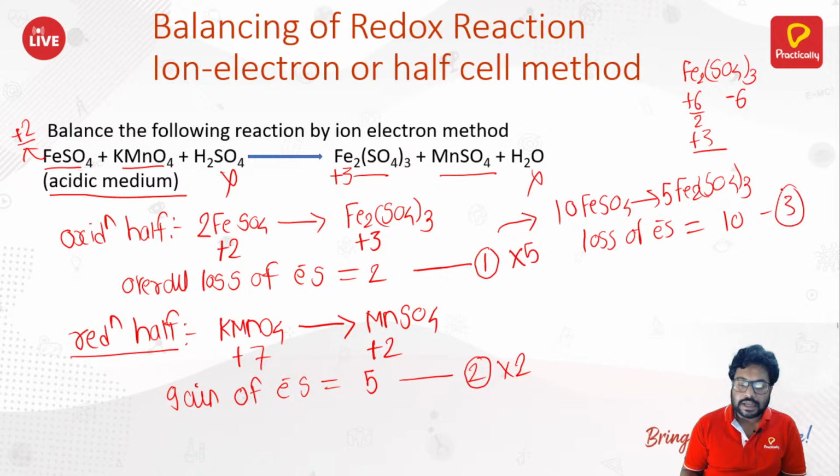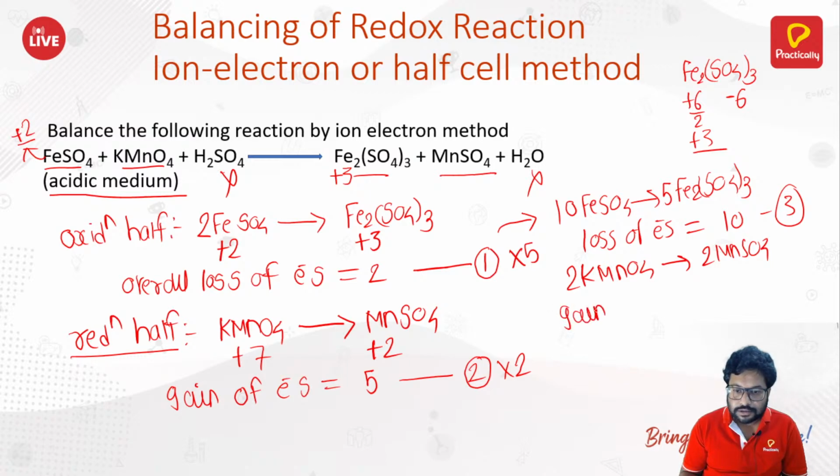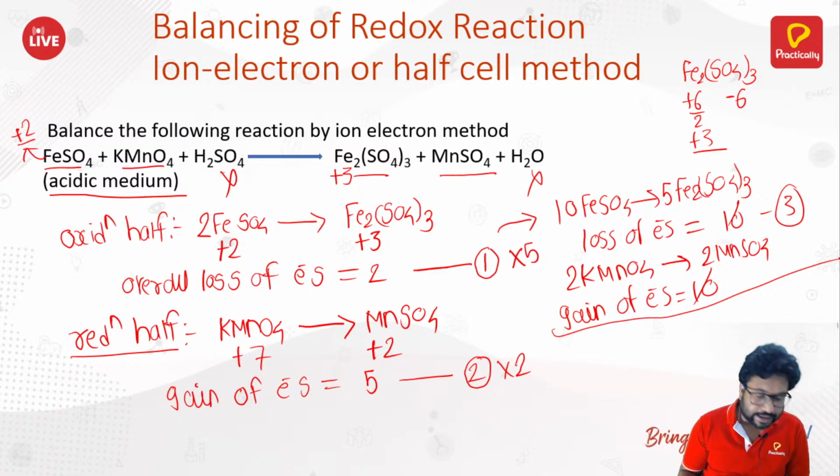Equation number 3. And then you have KMnO4, which will become 2 KMnO4 now. 2 KMnO4 is giving me 2 MnSO4. And then you have a gain of electrons, which is how much? 5 into 2, 10. The 10 gets cancelled. Both sides are getting added.